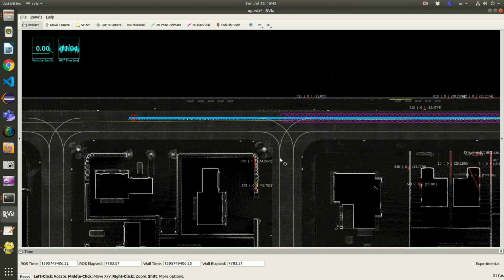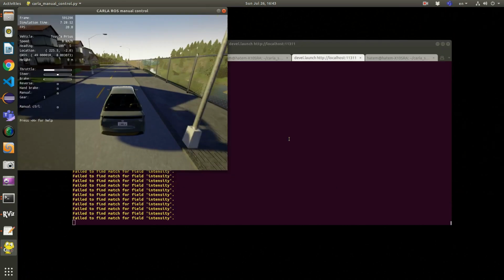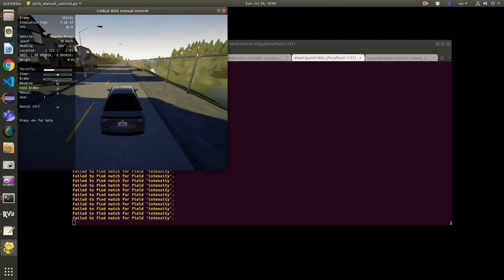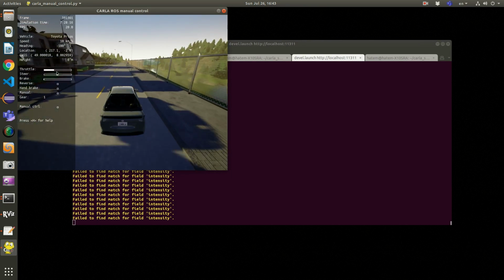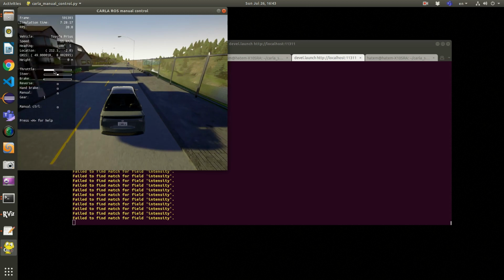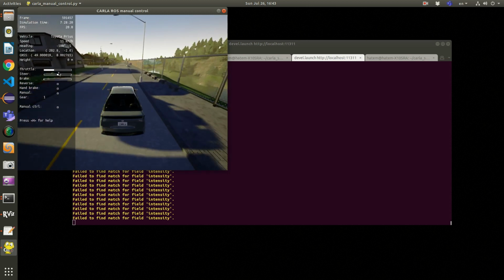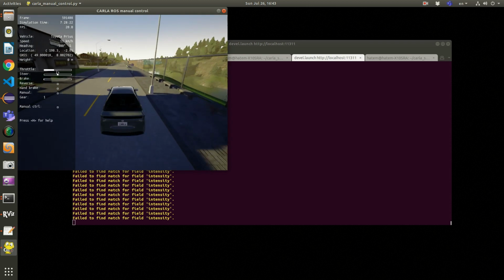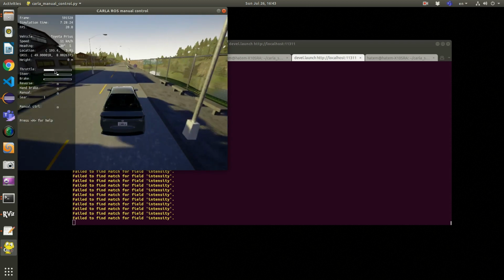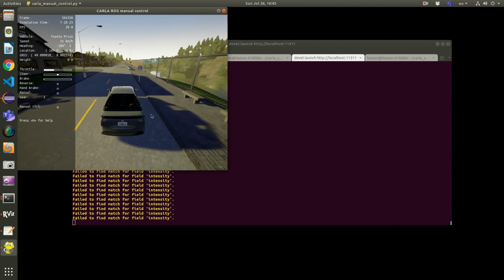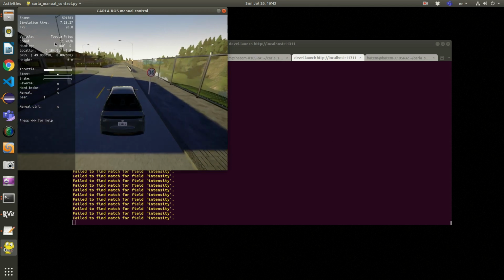Once we set the goal point, the vehicle will start accelerating. We can check on the UI provided with CARLA that it's actually much more stable. We don't have very high and very low throttle strokes as before, but it takes longer to reach the target velocity.